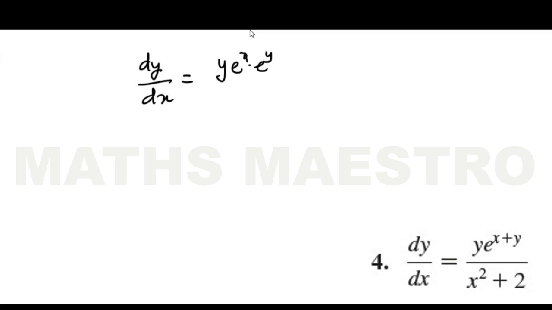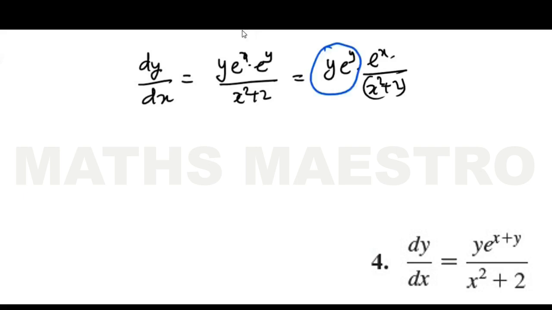If we write e like this, the exponents on x and y will add up to become x + y, which is given in the question. Then this can be written as x^2 + 2, and e^y we can write together, and then e^x/(x^2 + 2) we can write together.